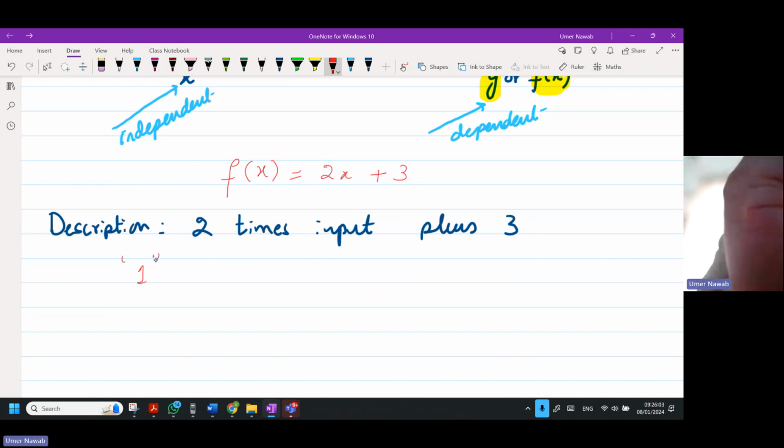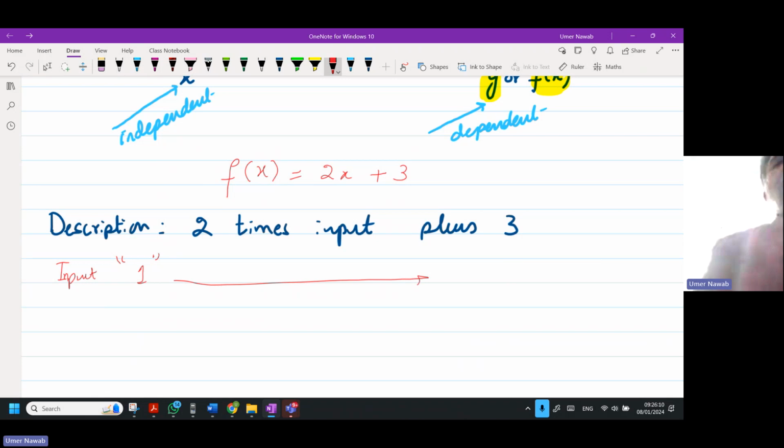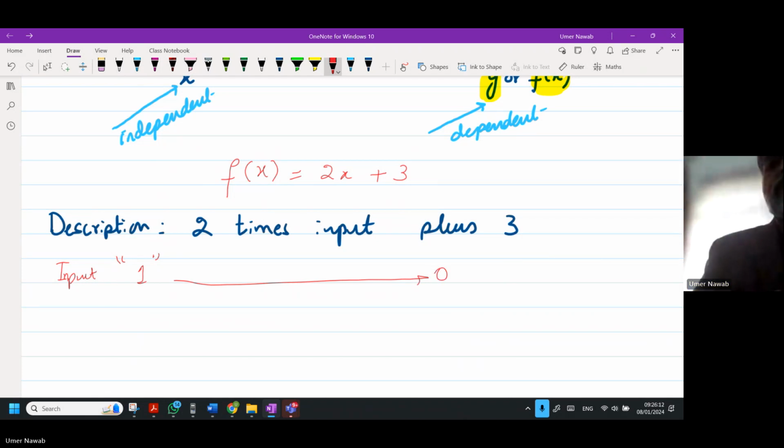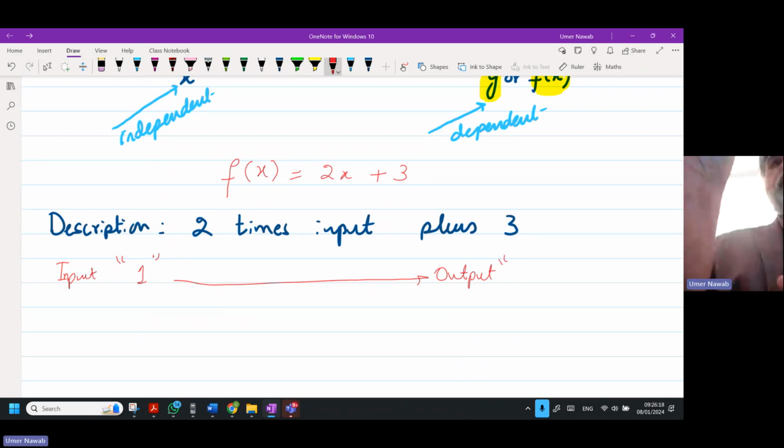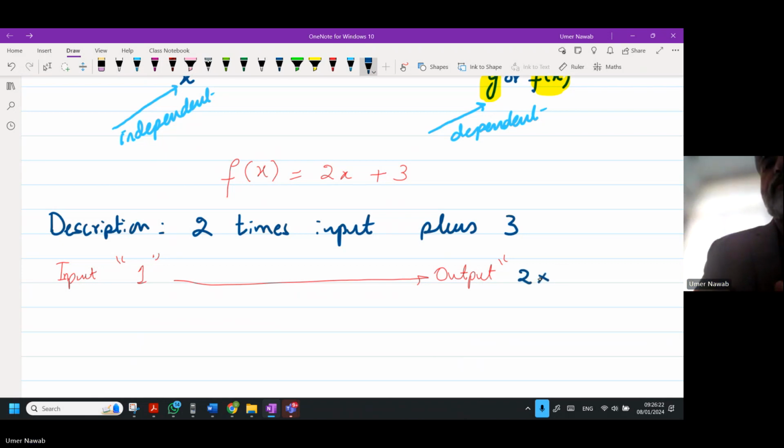I think of 1. 1 is my input. And I want to get my output by using this rule. The rule says I need to multiply 1 by 2 and then add 3 to it.